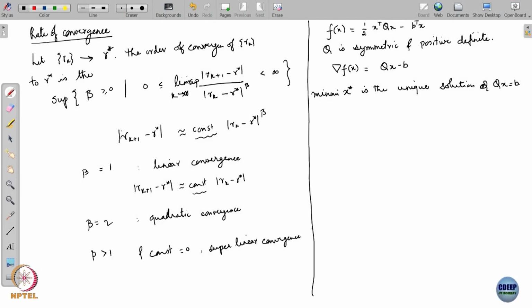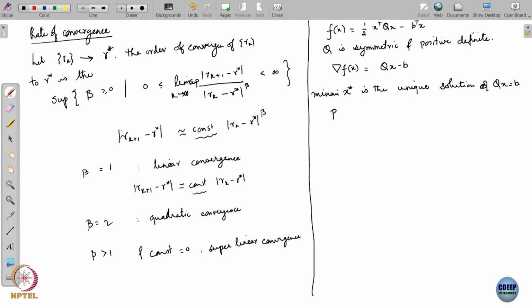Now, the good thing about quadratics is that you can calculate a lot of these things in closed form. When we are doing steepest descent with line search, the actual step minimizes the function along a certain search direction.